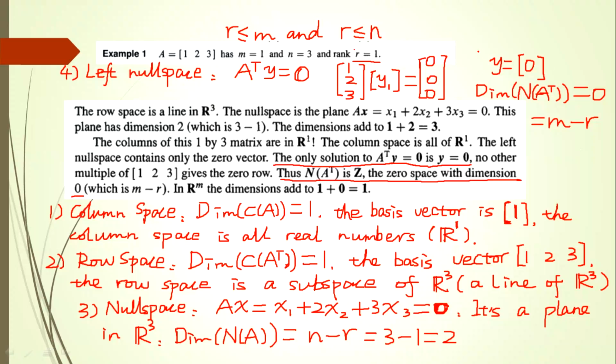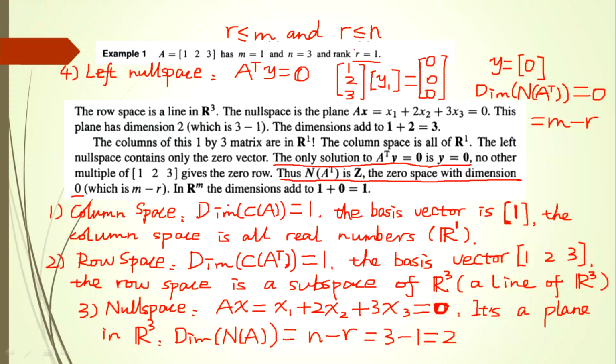So it has only the 0 vector, which is called the 0 space with dimension 0. So those are the conclusions. From these examples, we can get those conclusions from the previous slide.